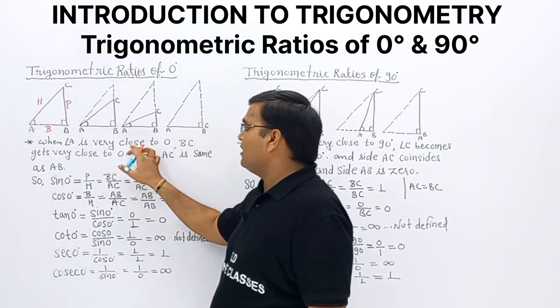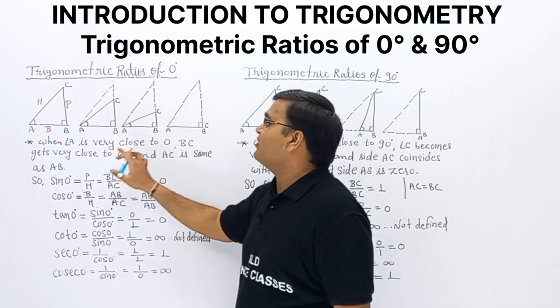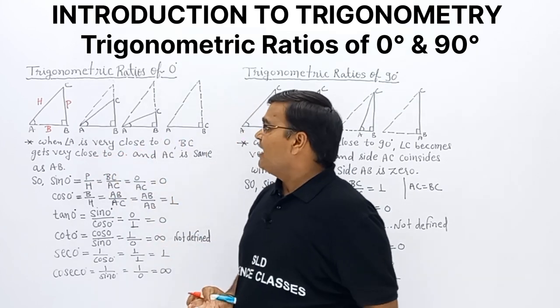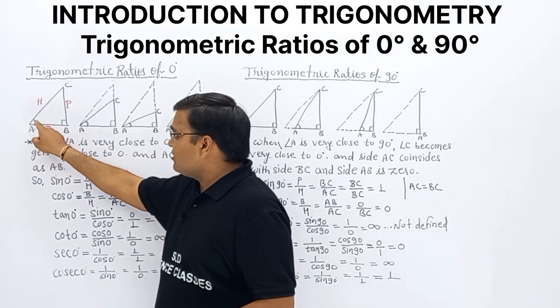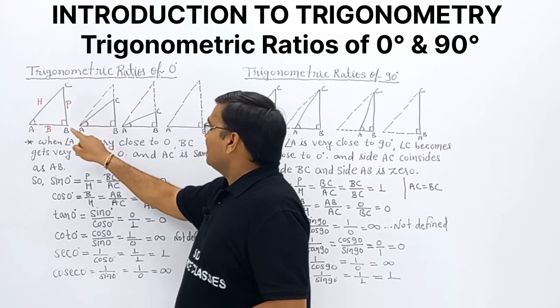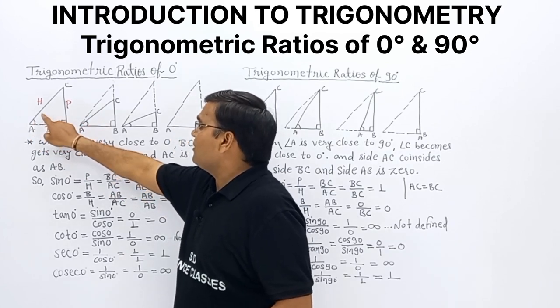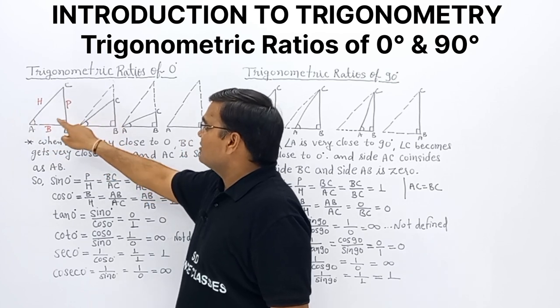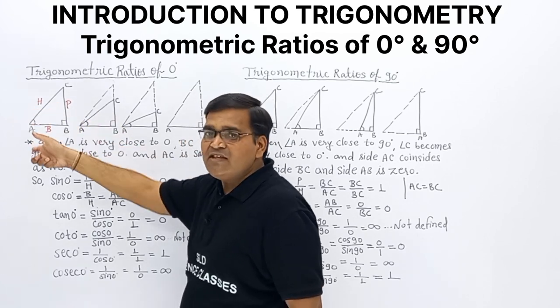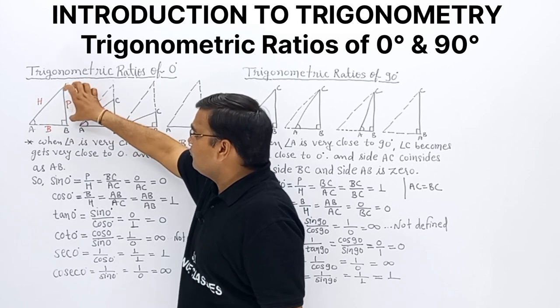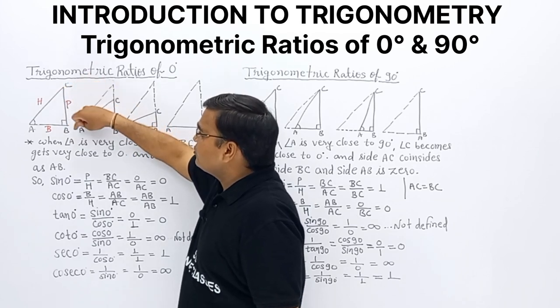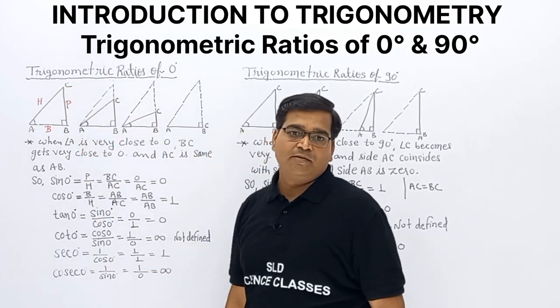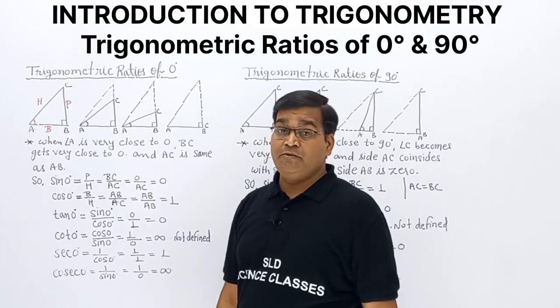When angle A is very close to 0, BC gets very close to 0. It means this angle is reducing. Indirectly, this side, the perpendicular side for A, BC, is also reducing.